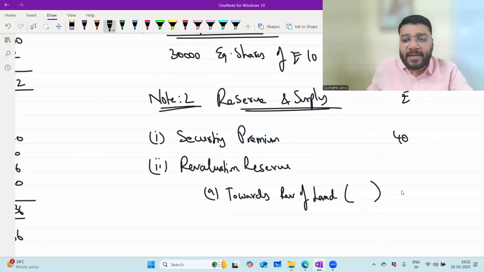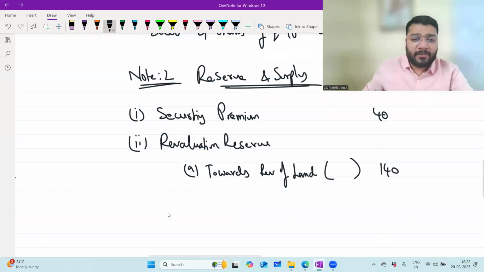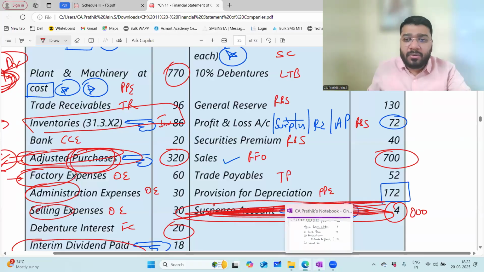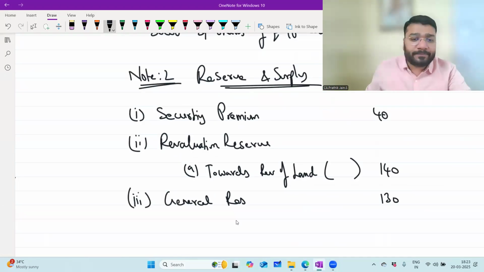Can show the calculation inside. How much it is? 140. Third one. Now free reserves, general reserve. Any adjustment for general reserve we did? No. So as it is 130 in the outer column.